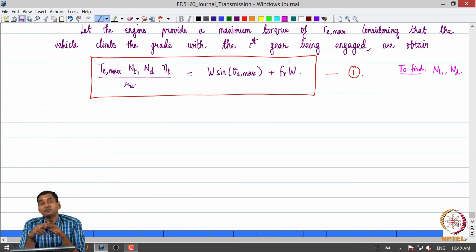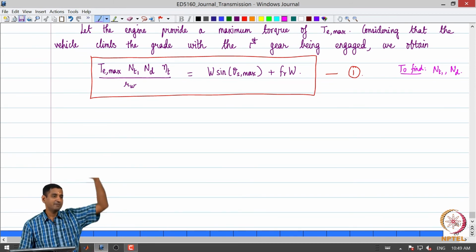Now we are going to get one more equation from the specification of maximum speed. Gradeability is one requirement where we are going to engage the first gear. Now when my vehicle is going at the maximum speed, which gear would I typically engage? Imagine that I start my car from rest, I keep on upshifting from the first gear to the second and so on.